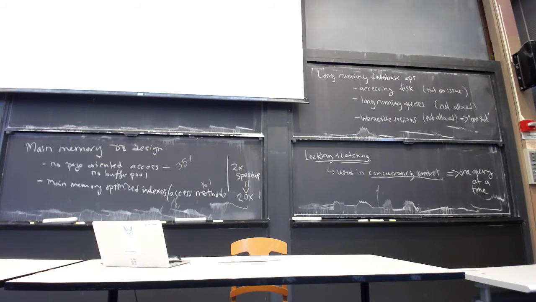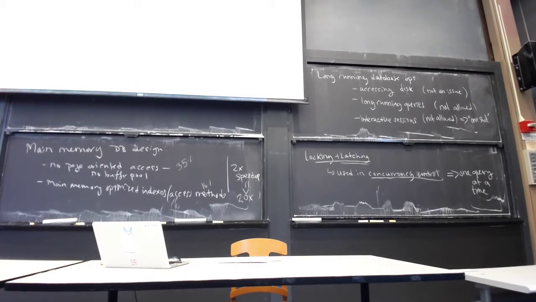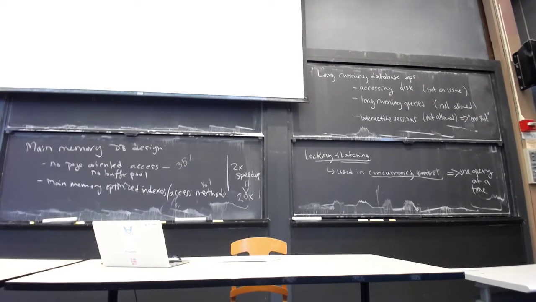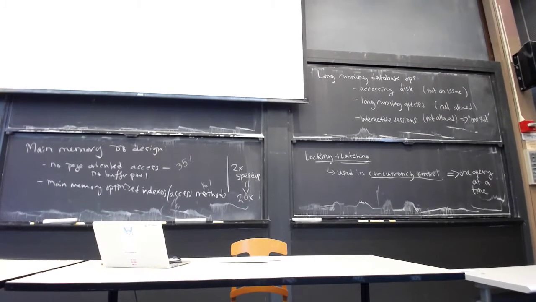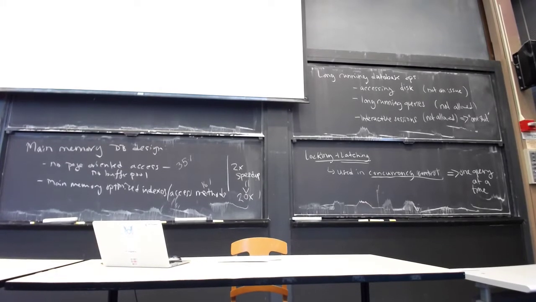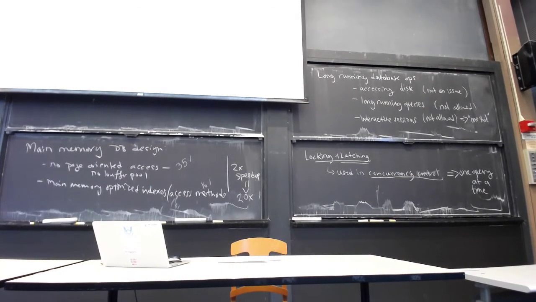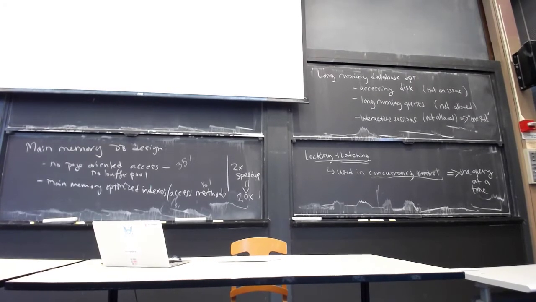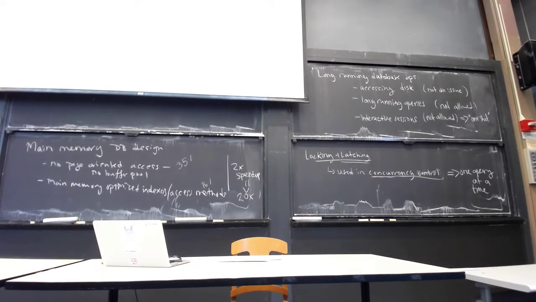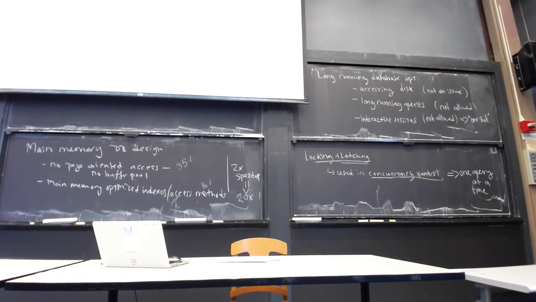The database community likes to call it sharding. I'm going to call this partitioning, but if you see people talk about sharding, it means basically the same thing. So if we split this into a bunch of little databases and then run one transaction per little database, then we can exploit multiple cores.